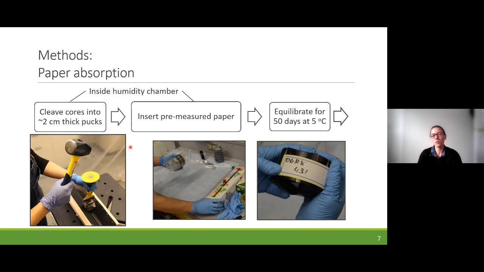The humidity chamber works to prevent evaporation from these freshly exposed core surfaces. We insert our paper between the core segments, again inside this humidity chamber. And then we wrap the whole puck system up, isolating it from the environment and allowing our pore water to equilibrate for about 50 days, depending on the material we're extracting pore water from, at 5 degrees Celsius.